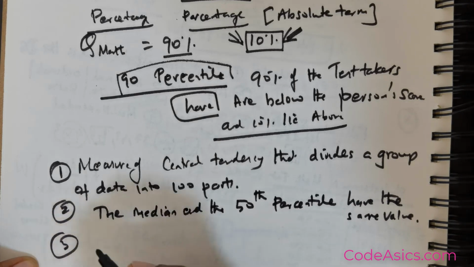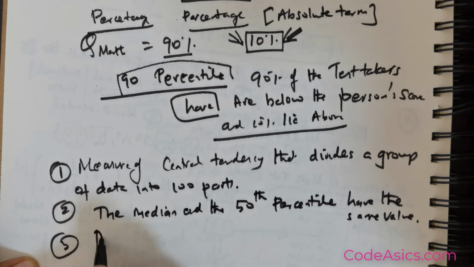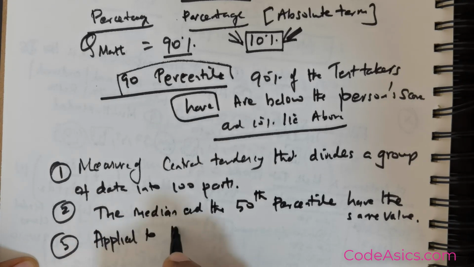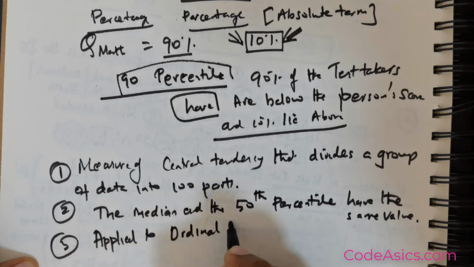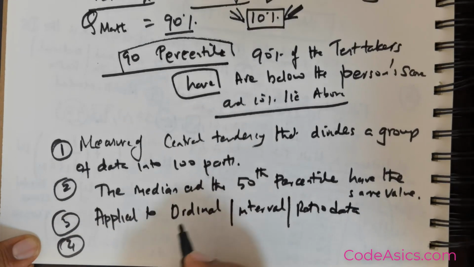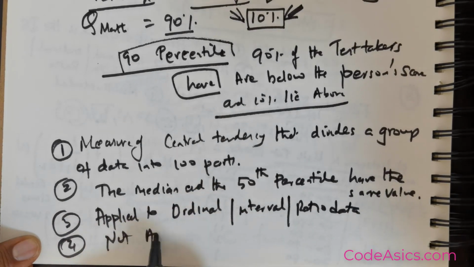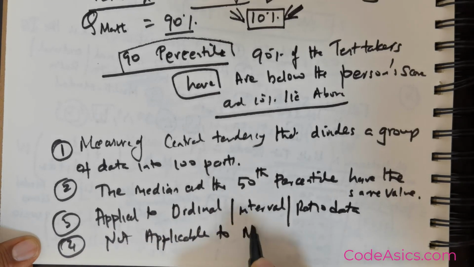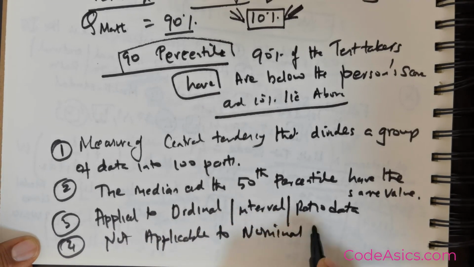And number 3, it can be applied to ordinal, interval and ratio data, but you cannot apply it to nominal data, not applicable to nominal data.